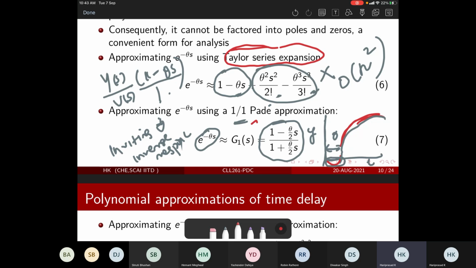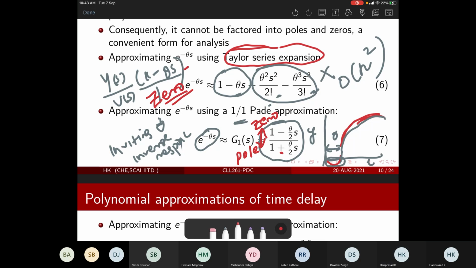So see, in the Taylor approximation you are bringing only one zero. While here you are bringing a pole and a zero. So this pole and zero will compensate each other to some extent. Anyway, you are bringing an additional zero here, so to compensate that, there is a pole in the denominator.